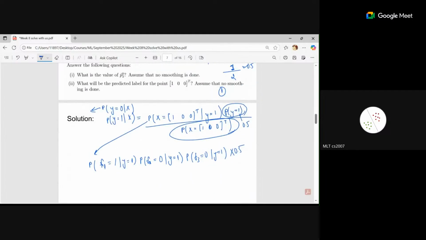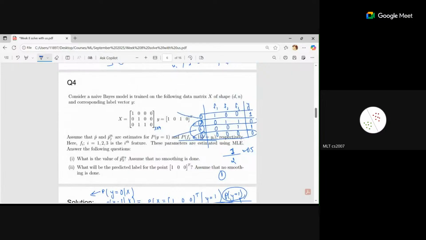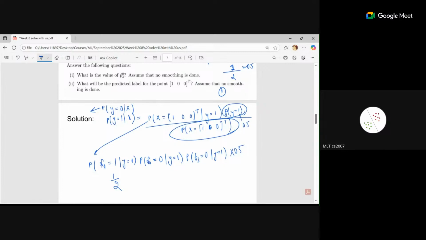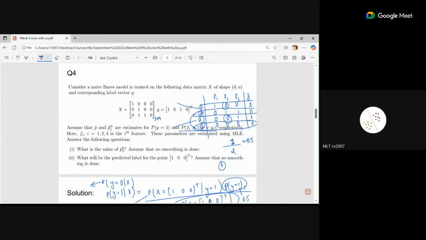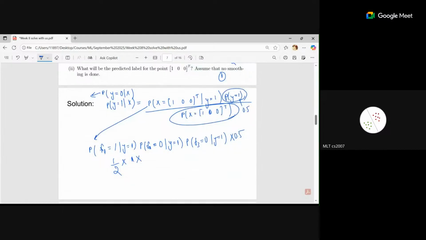Now, how many have f2 to be 0? So f2 is 0 and here also f2 is 0. So 2 by 2, which is 1. Now, how many have f3 to be 0? So 1 has 0, another is 1. So it is 1 by 2 again, and into 1 by 2. This is going to be 1 by 8.